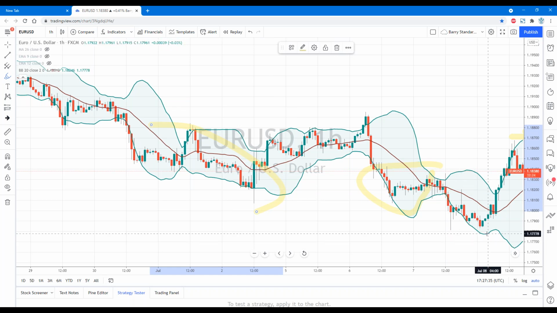Because if we know the rules of the bands and we believe in these patterns enough and we believe in what's going to happen, we can see here, look, we have it riding the band. Price got here right on the band, and then it got rejected.